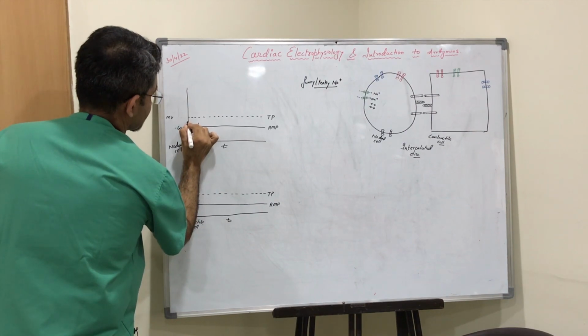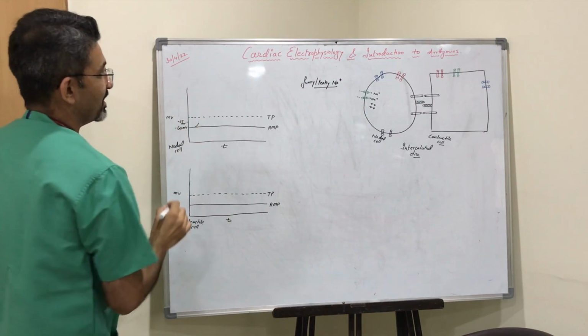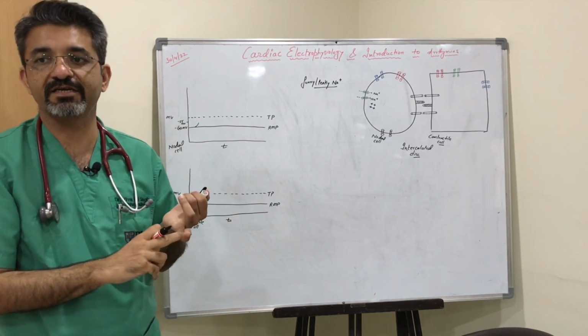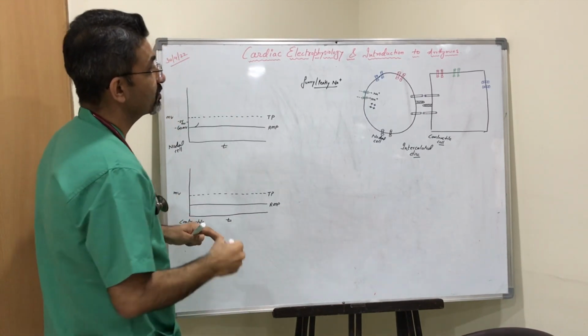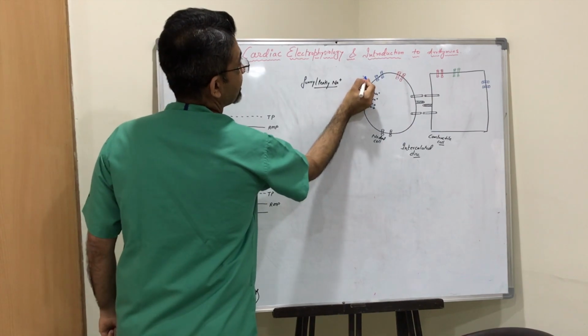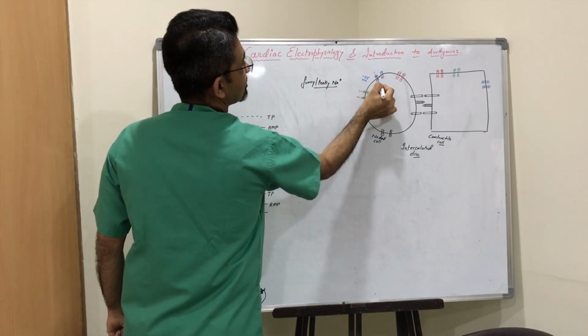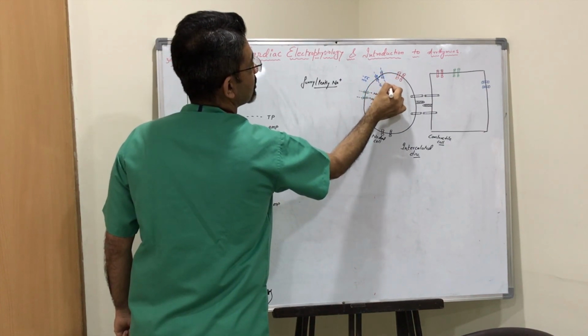As soon as it reaches minus 55 millivolt, what happens is there are two types of calcium channel, the T-type calcium channel and the L-type calcium channel. So there is a sudden opening of the T-type calcium channel at minus 55 millivolts, and calcium starts coming in.